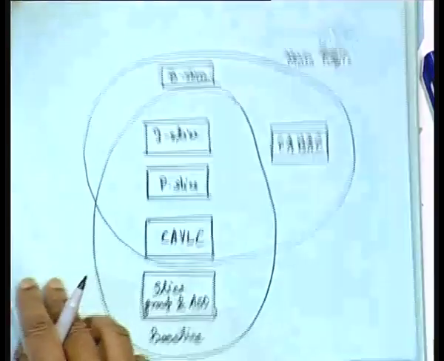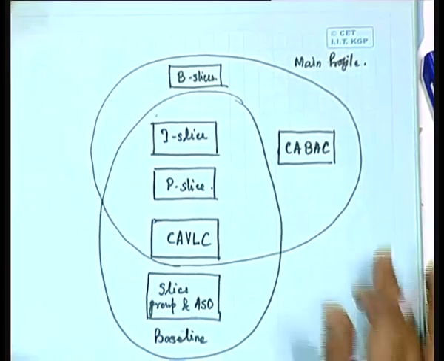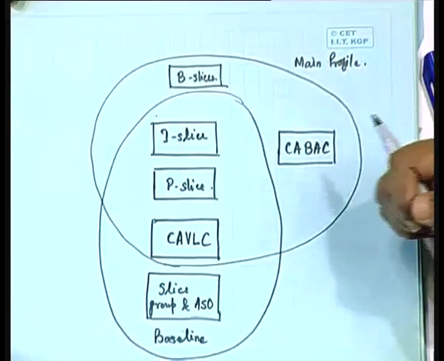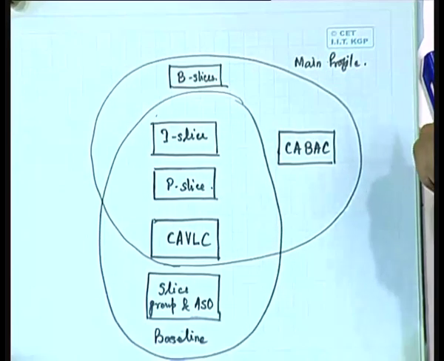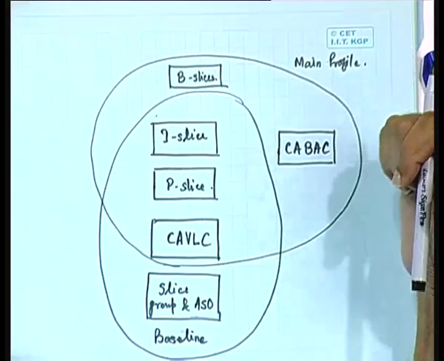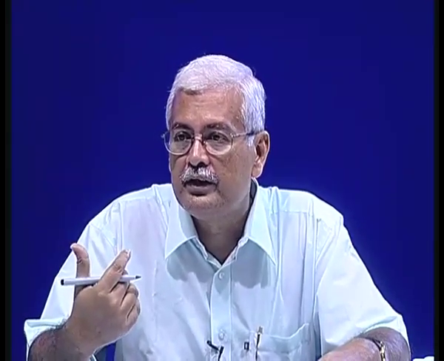Main profile supports both CABAC as well as CAVLC, and mind you, you can see some omissions in the main profile also. We did not talk about the SP and the SI slices, which I mentioned a little while ago, and the data partitioning. Now, why is data partitioning important? The bit stream may be divided into more than one partition.